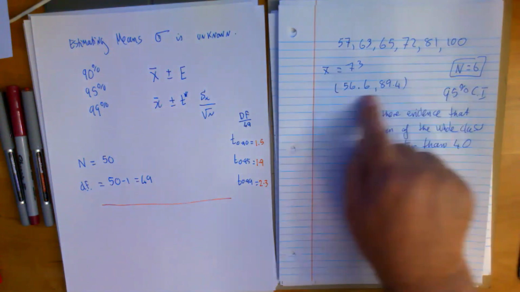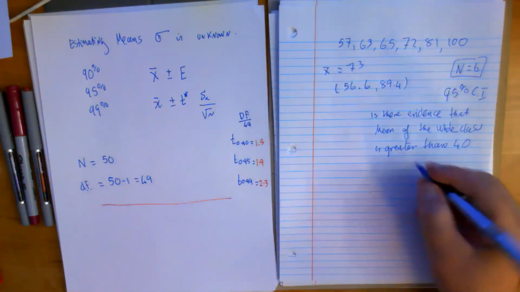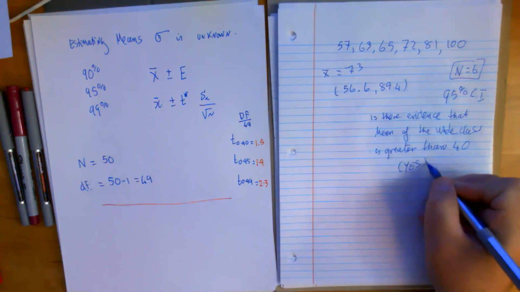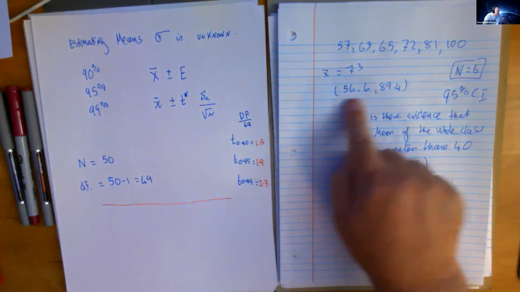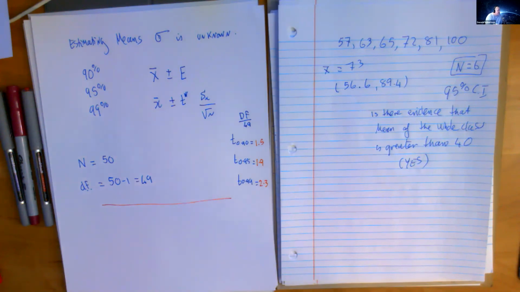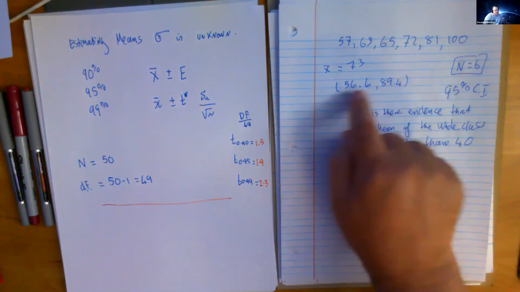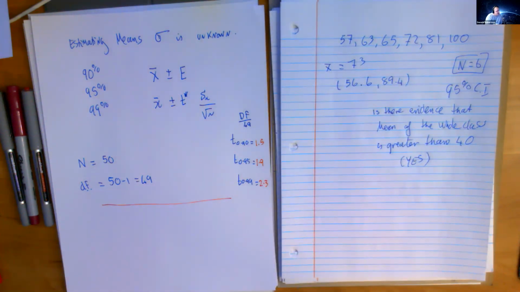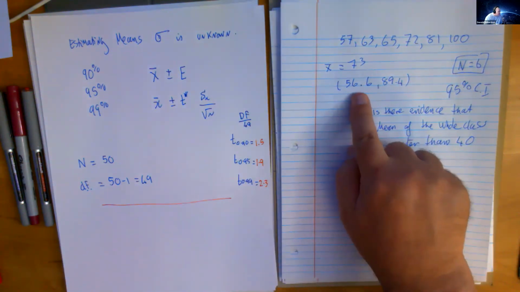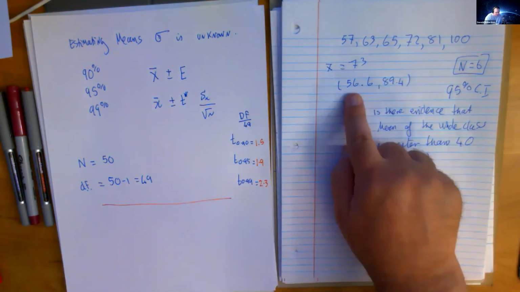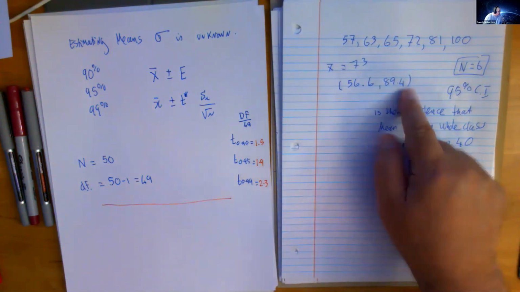Every single number here is bigger than 40, so yes. Is that evidence that the mean is bigger than 50? Are all those numbers bigger than 50? Yes. So yes, it's evidence. The question was, is there evidence to prove that the average in that class was a number bigger than 50? And the answer is yes. If all the numbers are bigger than 50, right, it's a yes.